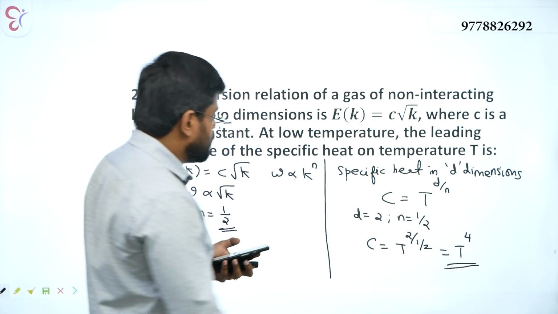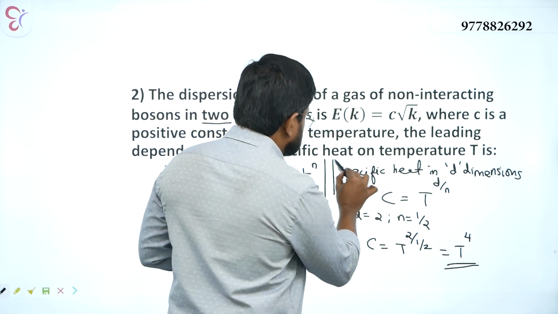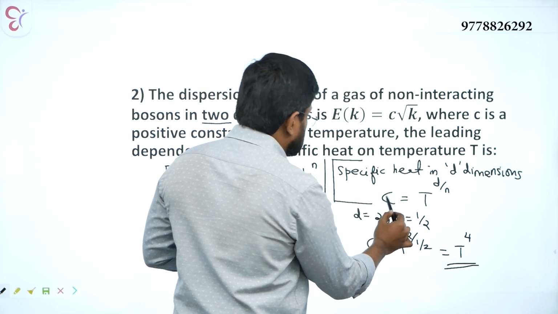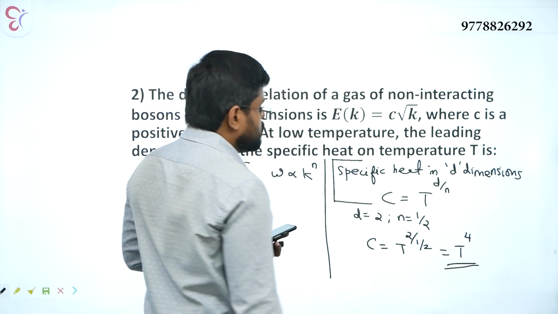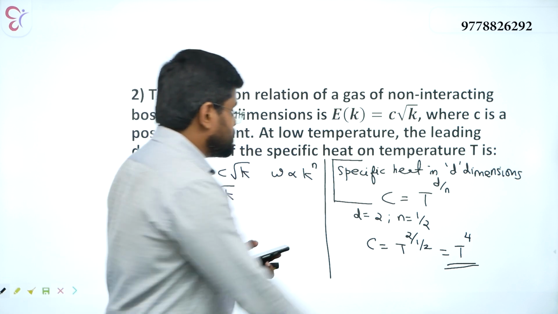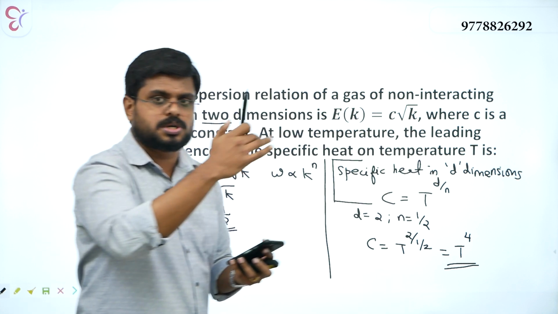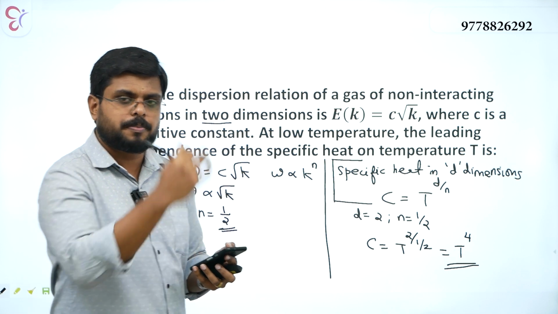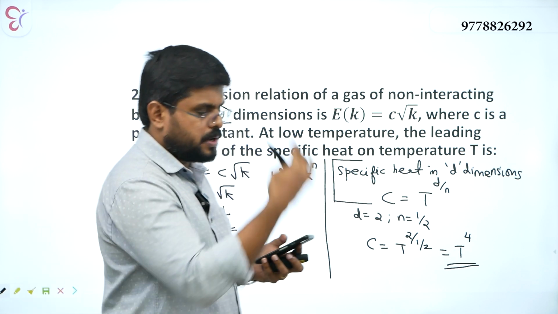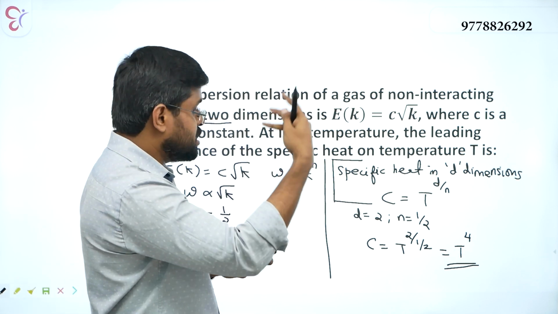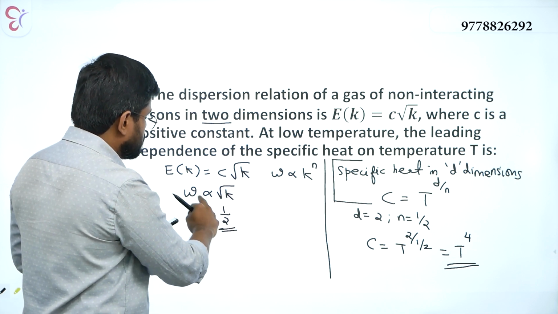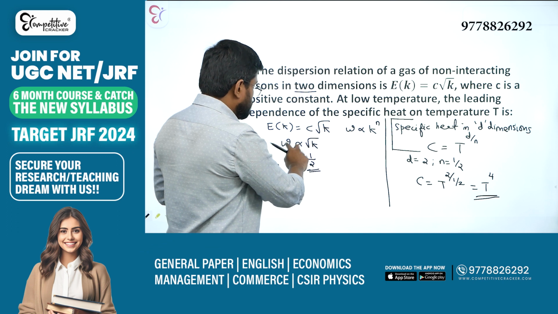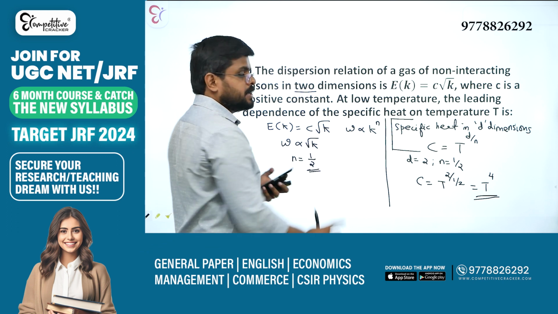Very simple. The only thing that you need to know is the dependence of specific heat in d dimensions on temperature. This is the only relation that you need: C proportional to T power d by n, where d is the dimensions and n is the value in the dependence of omega and k.